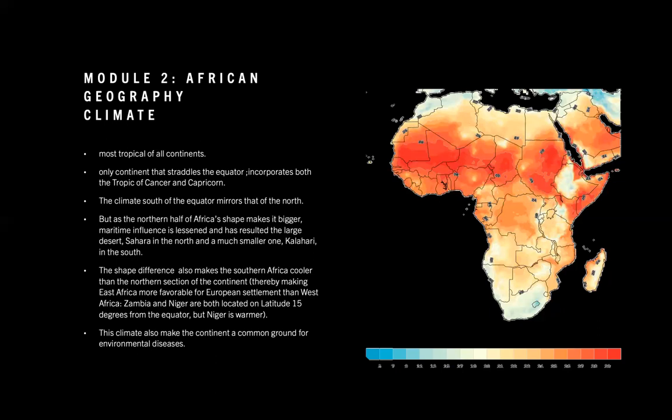The shape difference of Africa also makes the southern Africa cooler than the northern section of the continent, thereby making East Africa more favorable for European settlement than West Africa. Zambia and Niger are both located on latitude 15 degrees from the equator, but Niger is warmer. One important historical note, kung bakit mas na-colonize yung East Africa earlier than Western Africa.